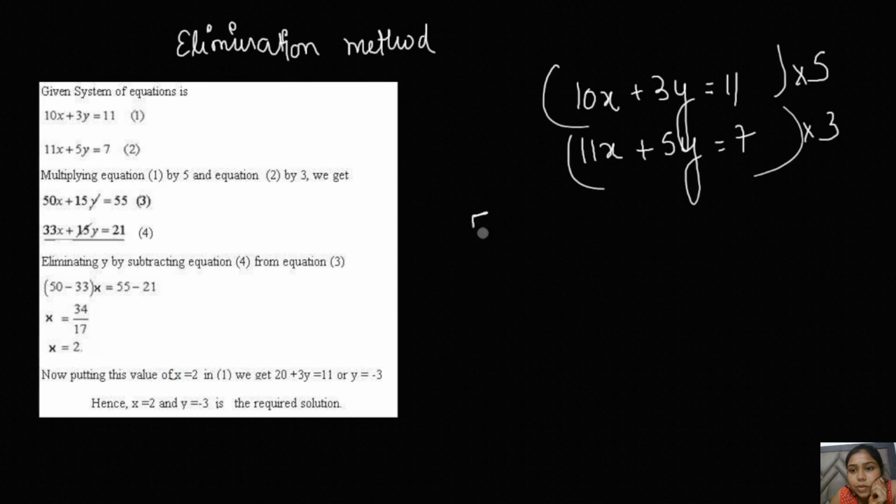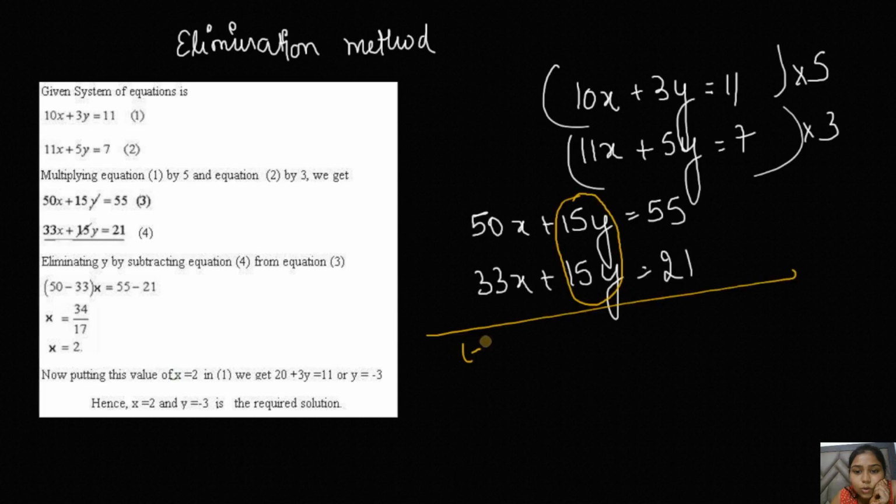You will get 50x plus 15y equals 55, and here you will get 33x plus 15y equals 21. You can see that we have made the 15y equal in both cases. What you will do is subtract, so we'll make the signs opposite like this, and then solve it down. 50 minus 33 will be equal to 17x.